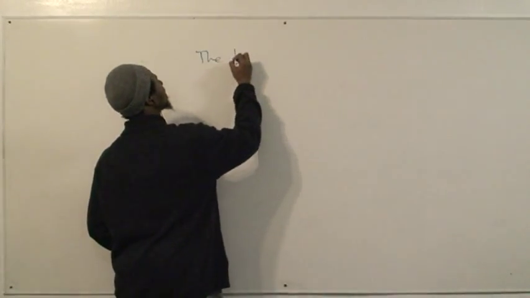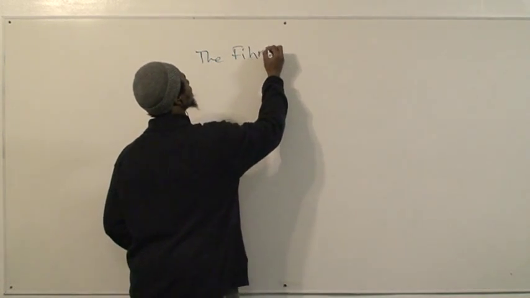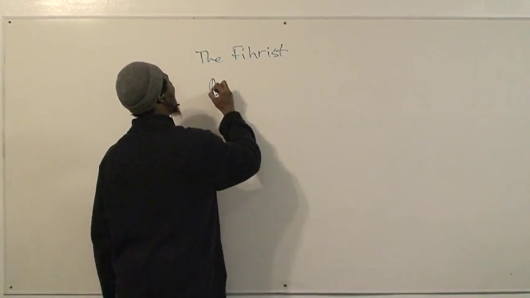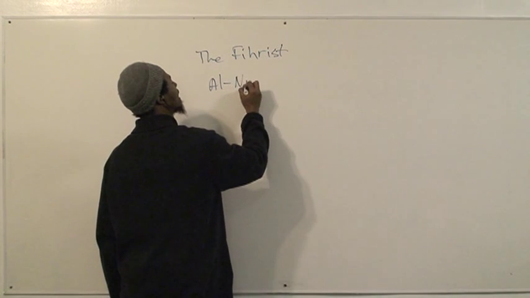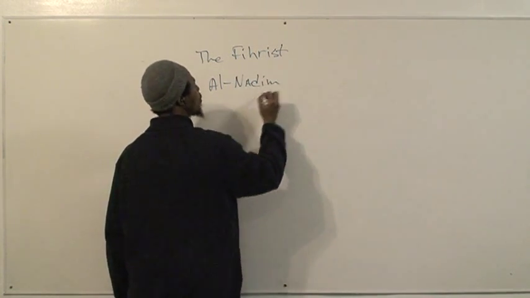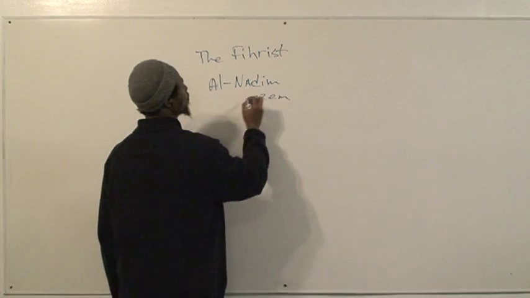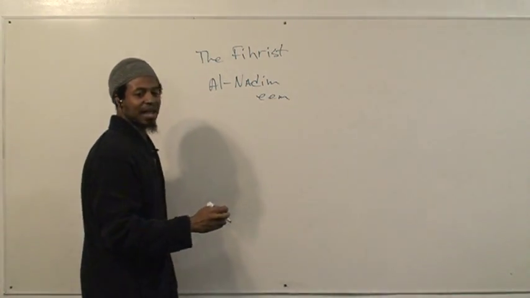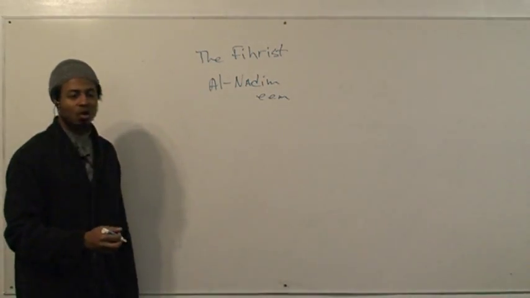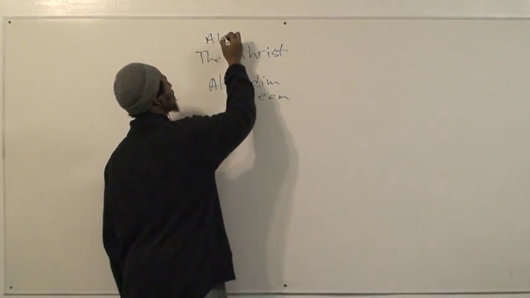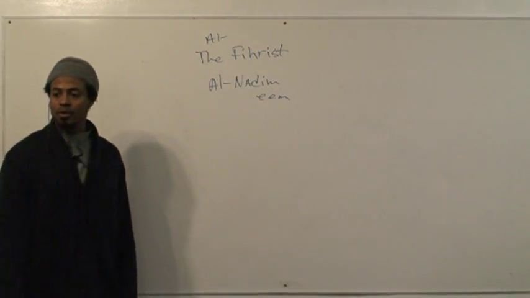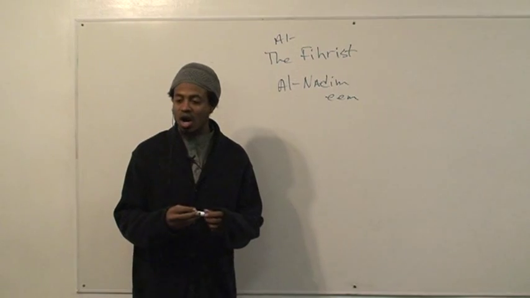The Fihrist. And An-Nadim, they'll have it in A-L-N-A-D-I-M or E-E-M. One of those two. Like that. The Fihrist or Al-Fihrist. You can look him up and find out who he was.